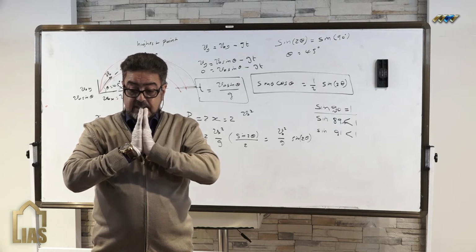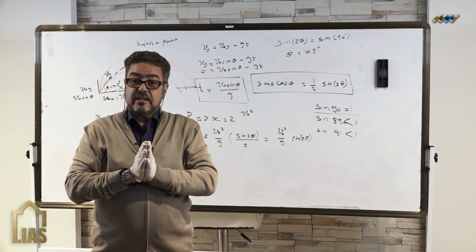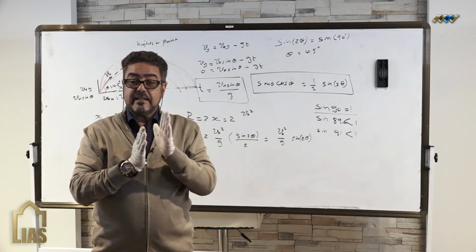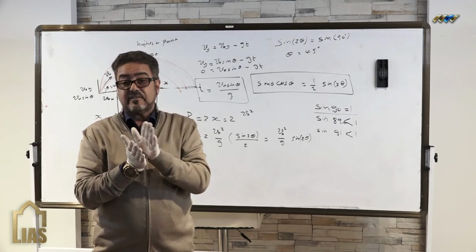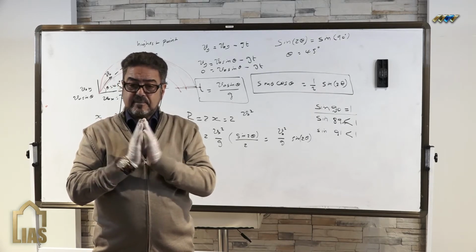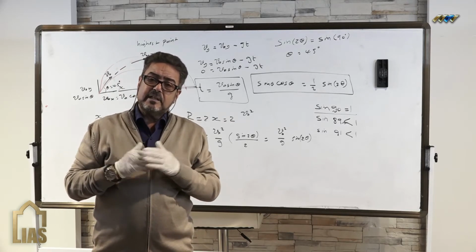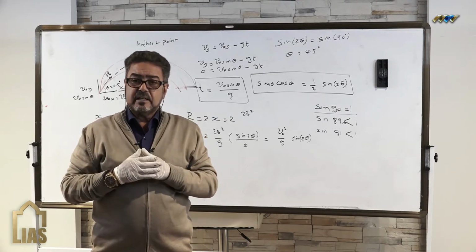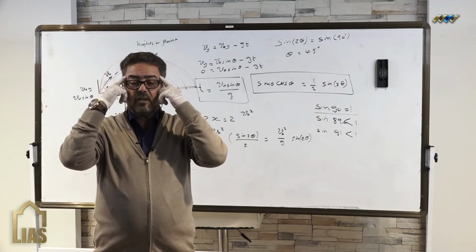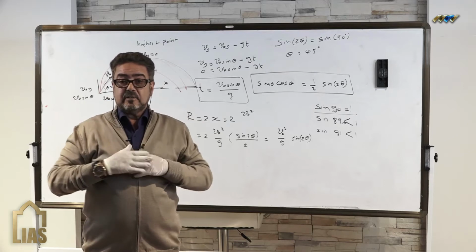The maximum range is when the angle is 45 degrees. This is the maximum. These are some important points, because the exam will be MCQ, and in an MCQ you have to think before you answer.